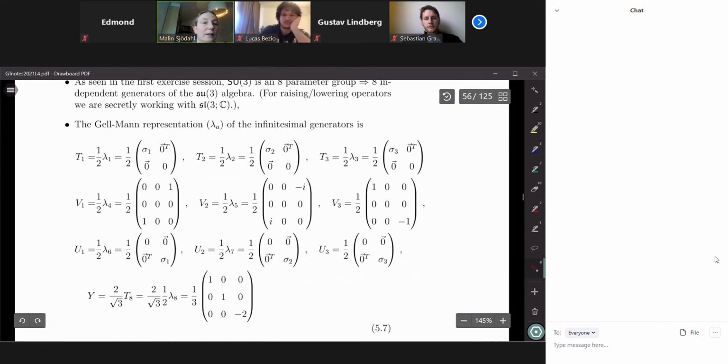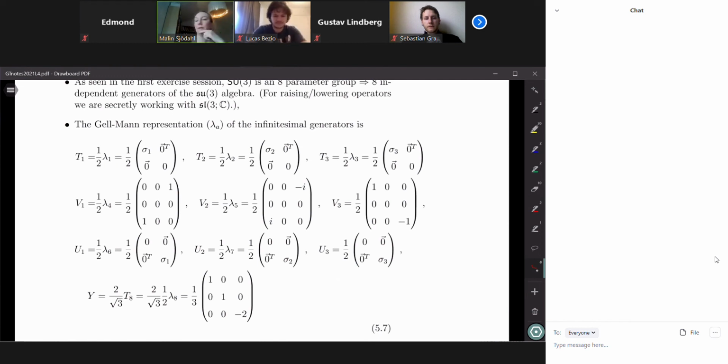So we can have sigma 1, sigma 2, and sigma 3 placed in the upper left corner, or we can have it placed in the lower right corner, or we can have it scattered out over the 1 free component, with consistently zeros in the middle. That gives us 9 generators. We only have 8 independent ones, so we will not use all of them.